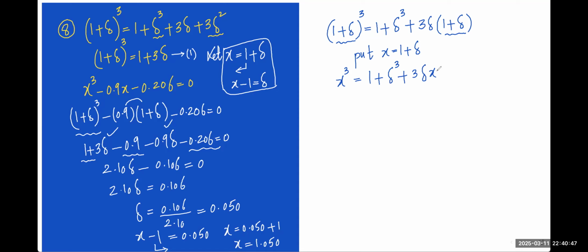So what happened here is substitution. Now if you simplify the 1 plus delta cube value, put it into the equation and use the approximation of part 2.